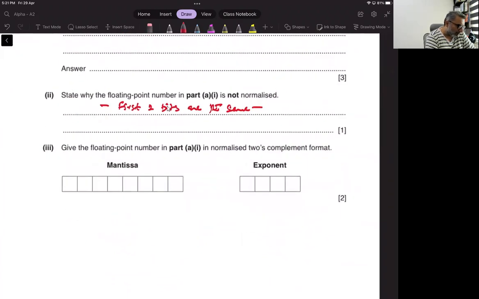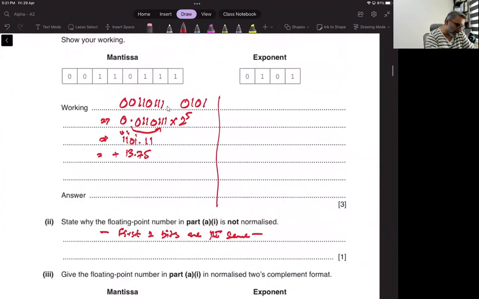Give the floating point number in part A1 in normalized form. So if we normalize it, 00110111 0101. In this case, we will normalize it. First, we will mark the first 2 different bits, and whatever the number of bits in between will be subtracted from the exponent. So 0.110110 into 2 to power 5 minus 1, sorry.